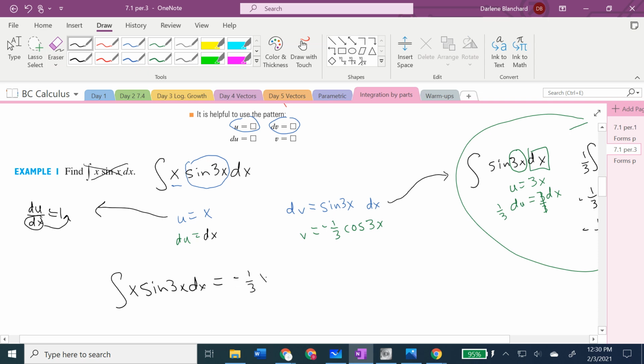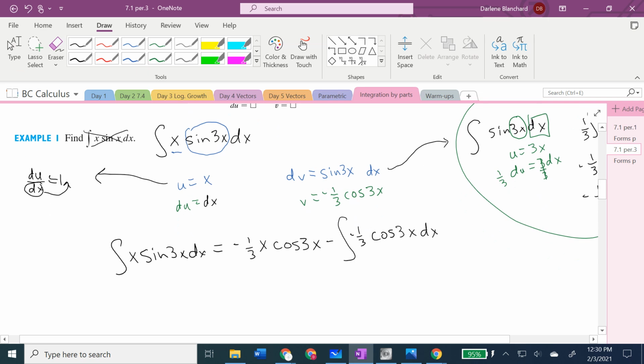Negative 1/3 x and then cosine 3x, u times v, minus the integral of v du, which are these two results on the bottom. Du is only providing a dx, so I have negative 1/3 constant multiple, and that constant multiple can be brought outside the integral, and it's a negative 1/3. So I'm going to do this.